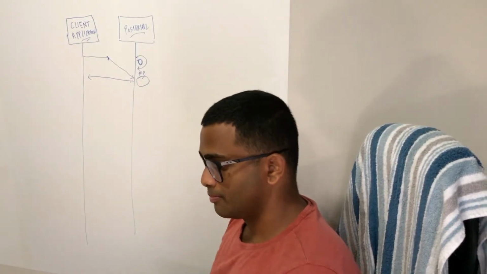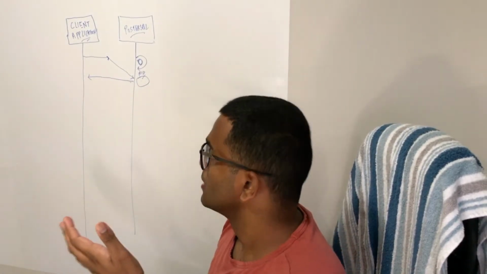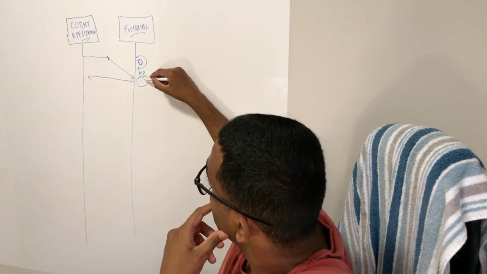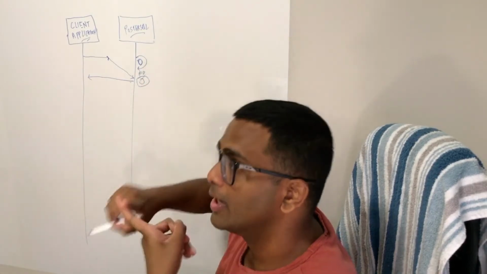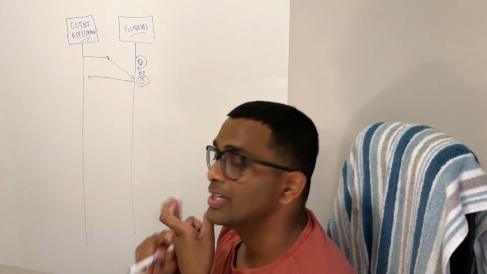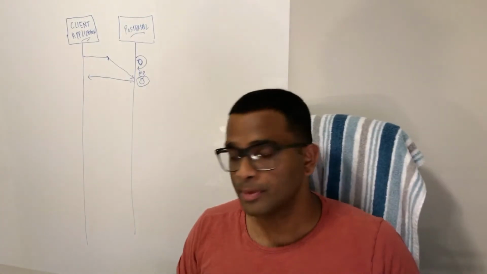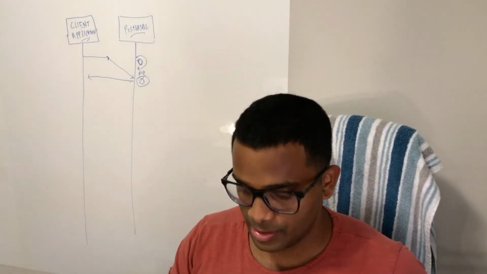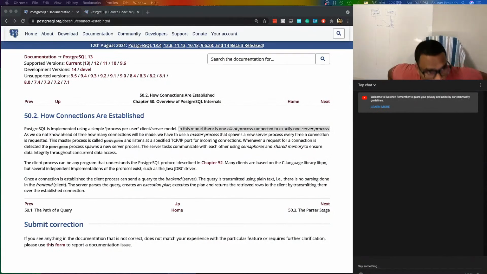So the master process, I should say, not server, the master process is the one responsible for creating a new process for each connection. That's what this is saying here: in this model there is one client process connected to exactly one server process.